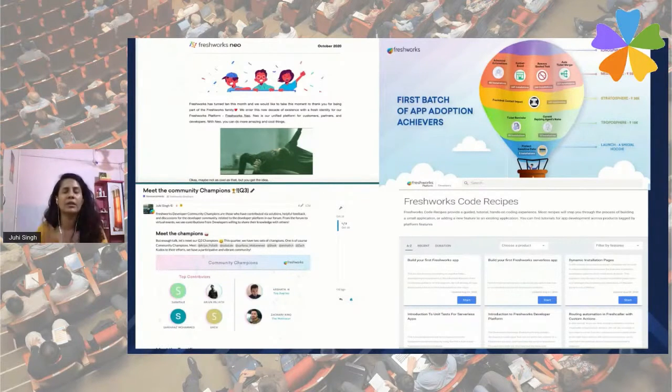You can recognize the community champions quarterly, monthly, it totally depends on you. Also, you can provide them the right amount of source code, like the resources which can help them to build, and send monthly newsletters which will have all the technical, new feature updates which they might be looking for. All these things we do at Freshworks to make sure that our developers feel motivated and they get what they ask for.